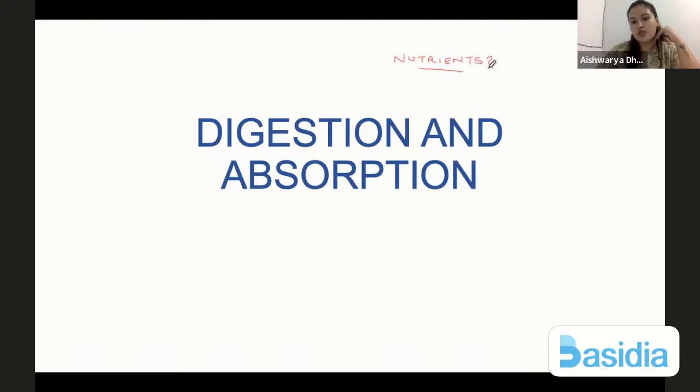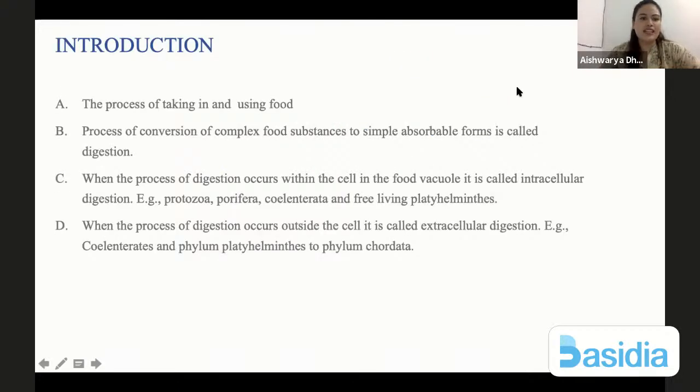All right. So a nutrient is basically any kind of substance that is consumed by any living organism, and that nutrient provides us with the energy that a person or any organism requires. So just to see what exactly is digestion.